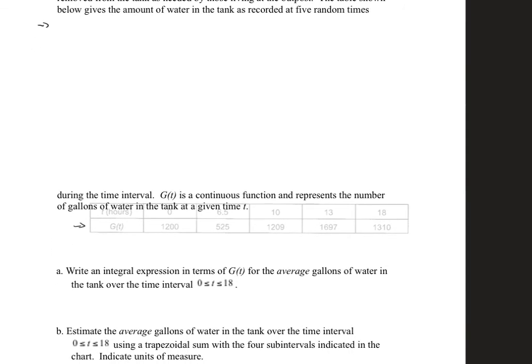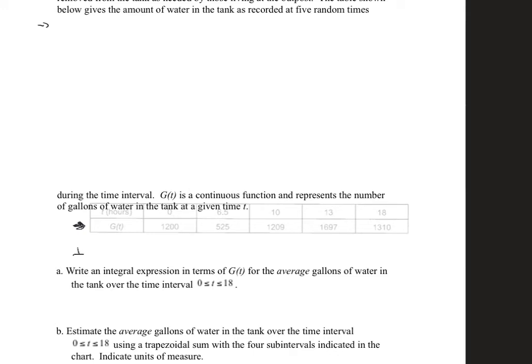Here's part A. So write an integral expression in terms of G of t for the average gallons of water in the tank over the time from 0 to 18. So G of t here is the number of gallons in the tank. So the average number of gallons is asking for the average of g of t.